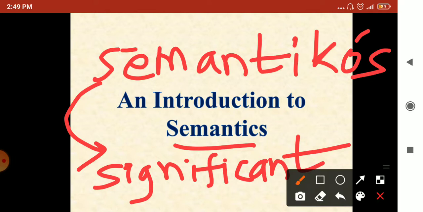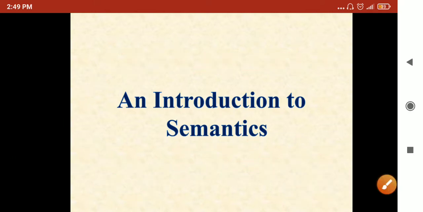Then some people also use the word semantics in a pejorative sense to talk about the way language can be manipulated in order to mislead people. So the word had negative connotation also.